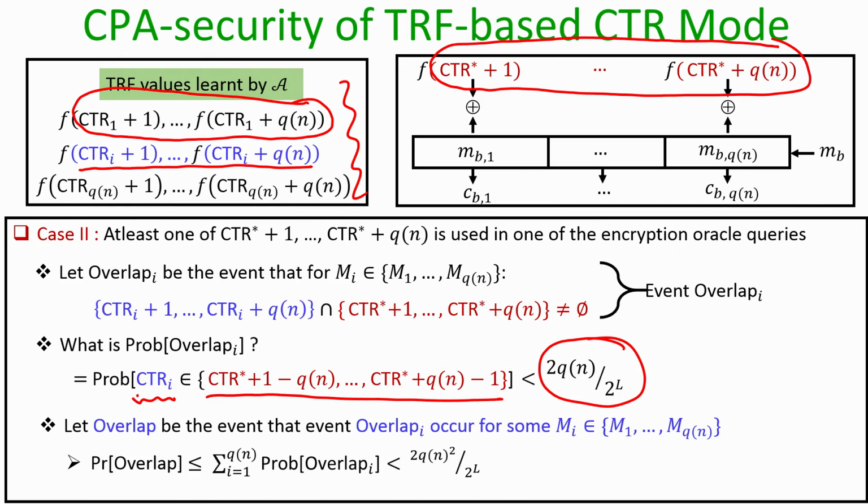It is easy to apply the union rule here, because each of these encryption oracle queries is independently answered by the challenger. So, if I apply the sum rule, I get the probability that the event overlap occurs. The event overlap is defined to be the event that any of the counter values used for encrypting any of the blocks of the challenge plaintext gets repeated while answering any of the qn encryption oracle queries.